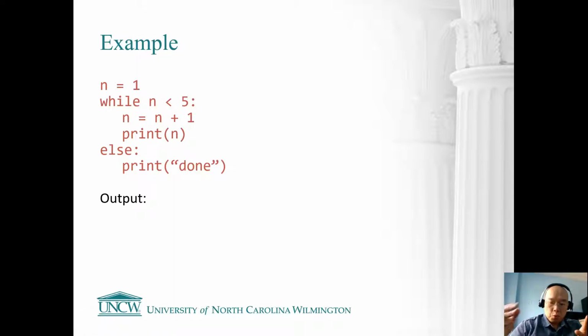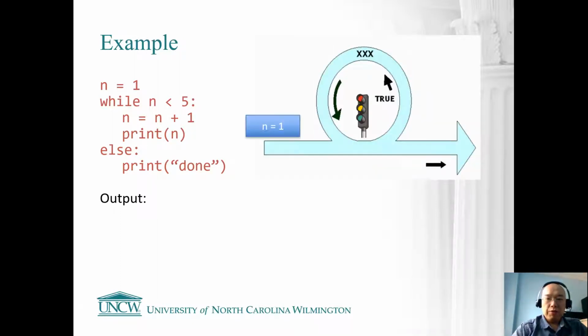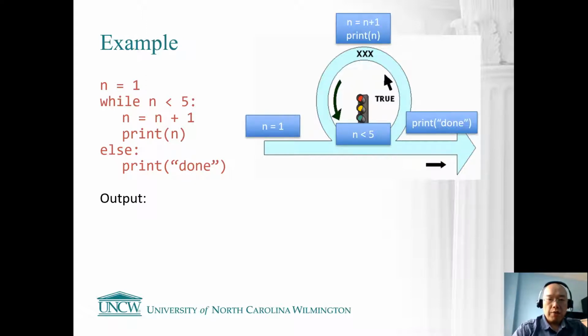And if you want to see what we have printed, we have 2, 3, 4, and 5. And eventually, after we finish all the iterations, we print done.